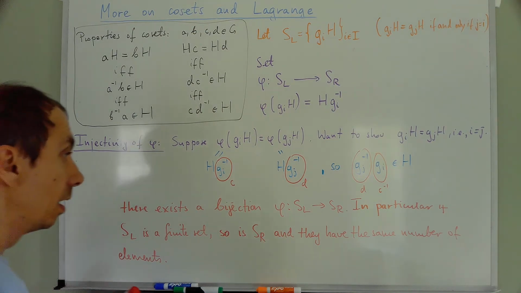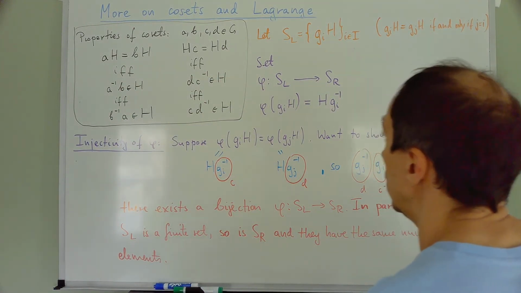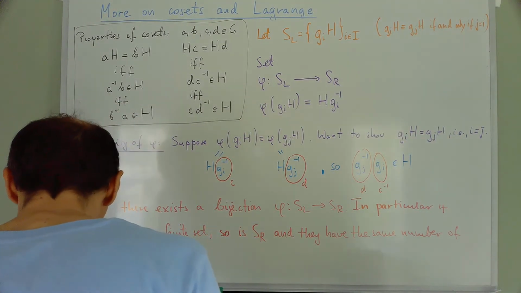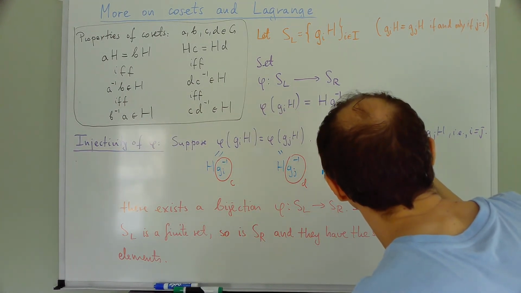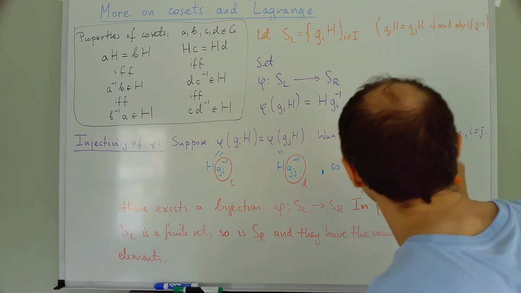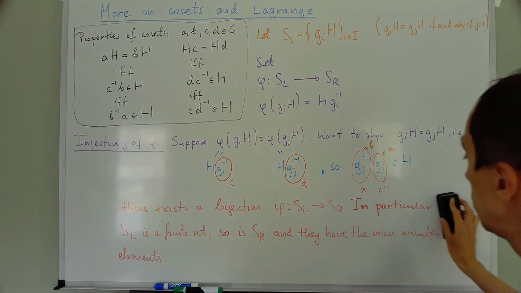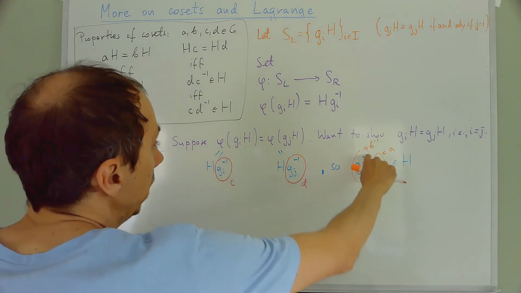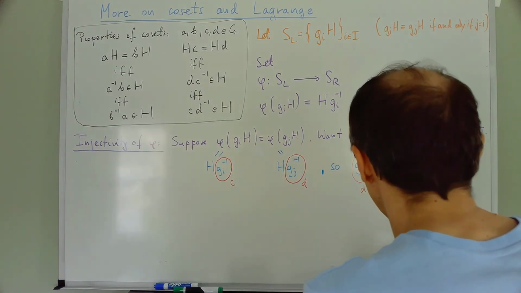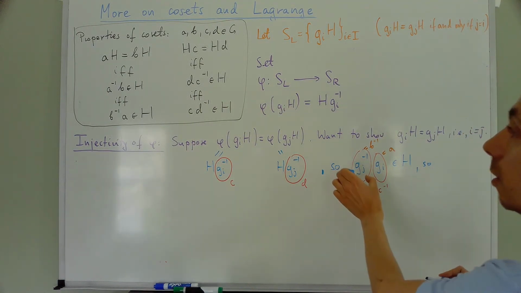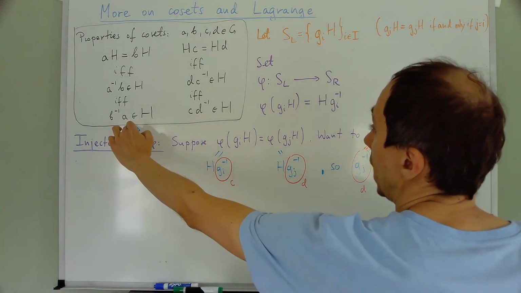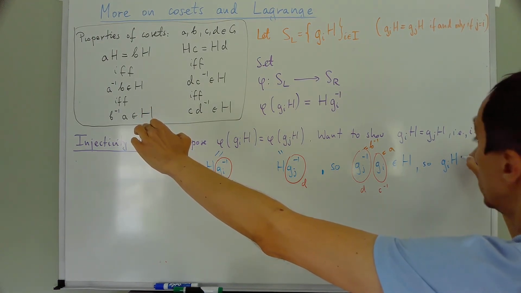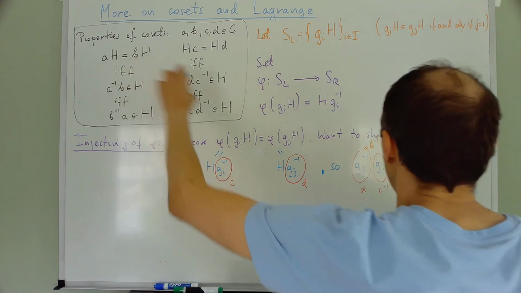All right. But now I'm going to treat these differently. I'm going to write this as B inverse, and this thing is A. And I'm going to read from there what that means for left cosets. So if this is B inverse and this is A, then I have B inverse A in H, so that means AH, so g_i H, is equal to BH.